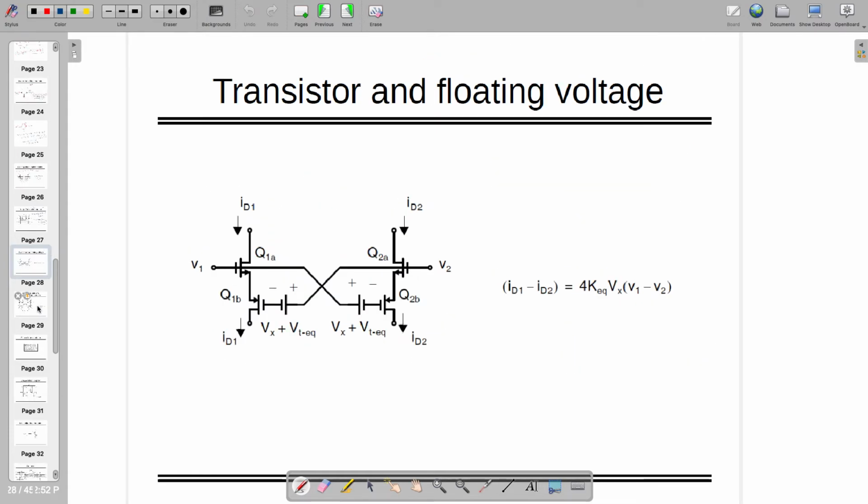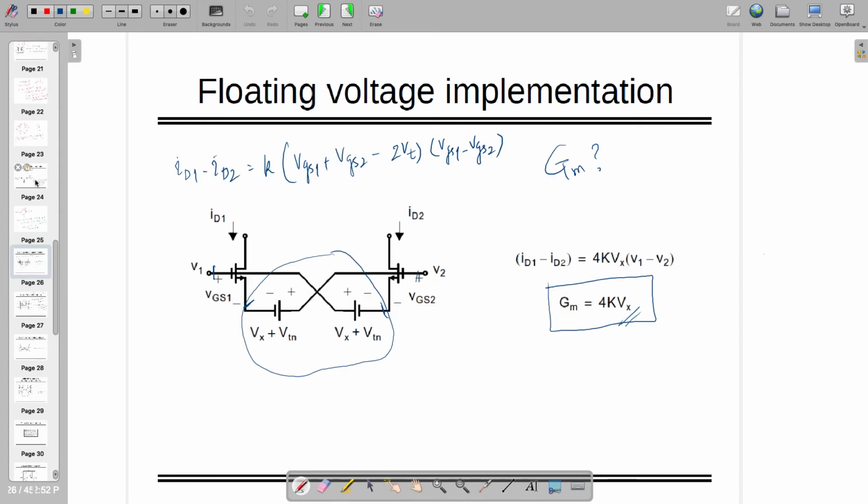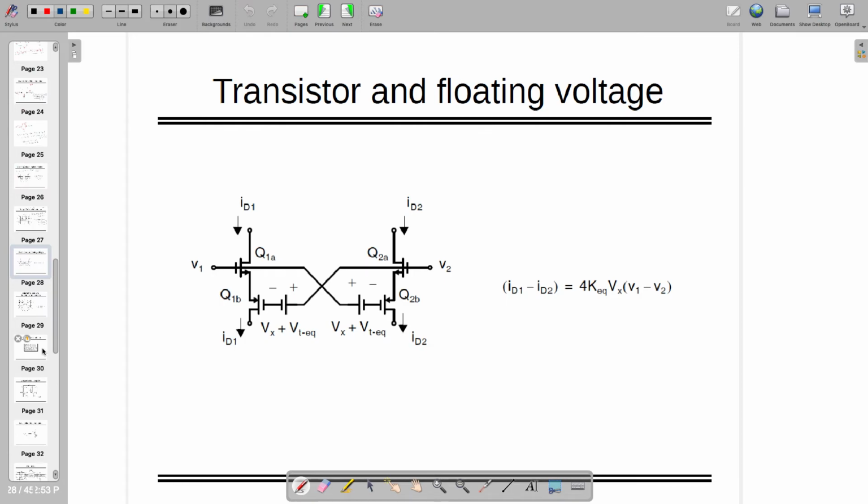Similar to that, in the previous case, we were keeping this floating. That's why it was a floating voltage implementation. However, in this case, I am connecting them to the load through a transistor. And this is the reason why we have learned something called a big transistor.